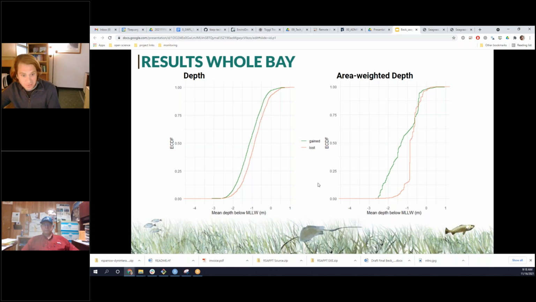And so when I first saw this, I was kind of confused because if you look at, so here's seagrass lost, here's the curve here, here's seagrass gained, here's the curve here. When I first looked at this, it looked as if seagrasses overall at the bay-wide scale were actually shifting towards deeper areas, which is totally opposite of what I expected if water clarity was a factor.